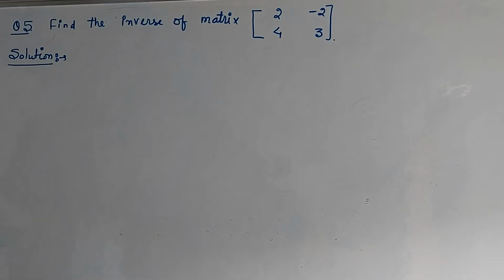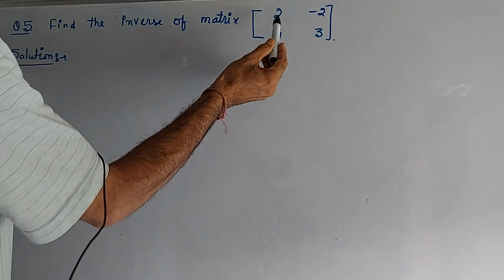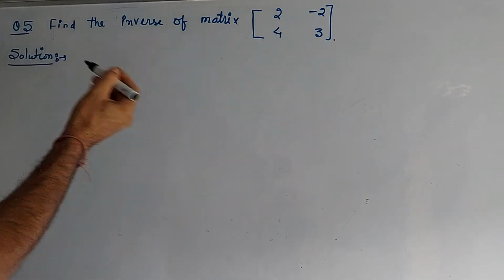Question number 5 is find the inverse of the matrix having elements 2, minus 2, 4, 3.